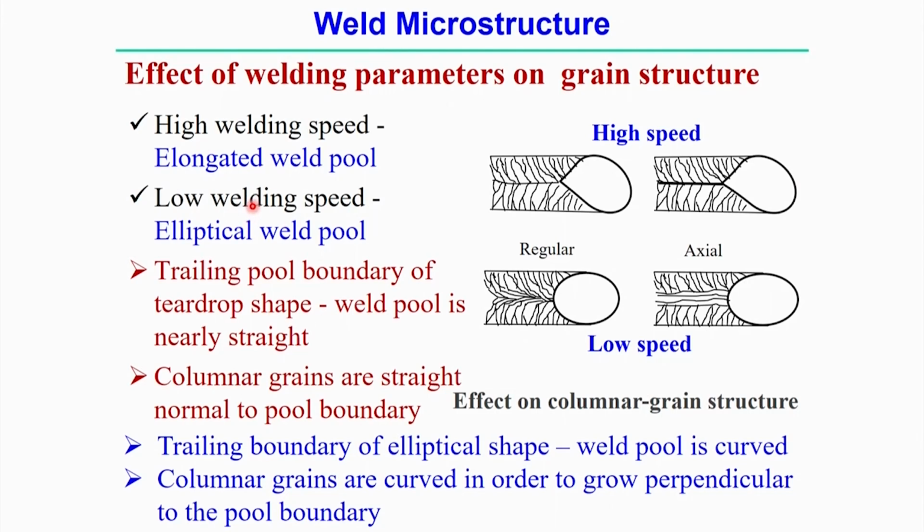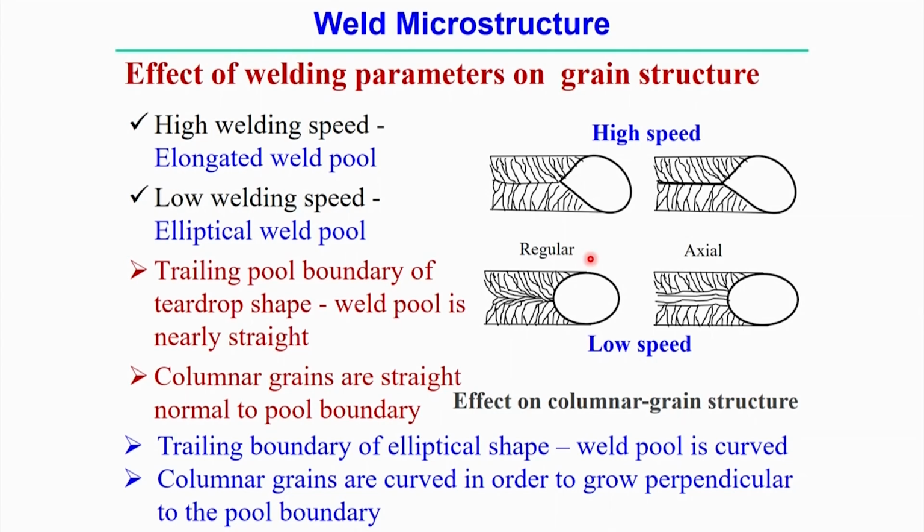Now, in the case of low welding speed, the weld pool looks elliptical, while at very high welding speed the trailing boundary has a teardrop shape, the weld pool is nearly straight, and the growth also happens perpendicular to that. Columnar grains form almost straight, normal to the pool boundary.